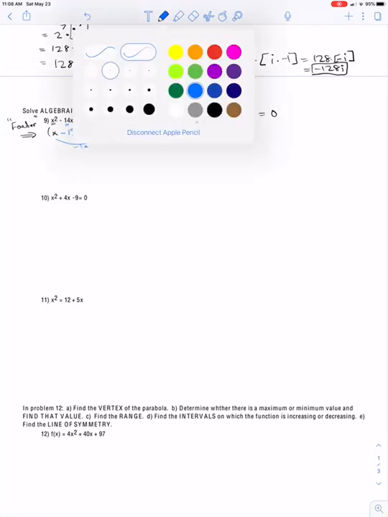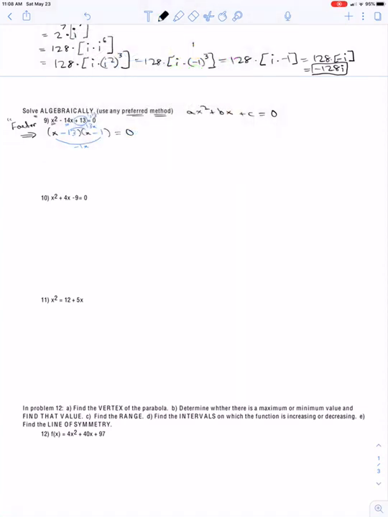And with that, now that we have a factorization, we use our zero factor property. With our zero factor property, we know if this product is going to be 0, then one of these factors must equal 0.